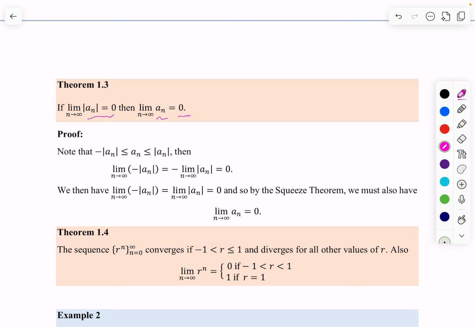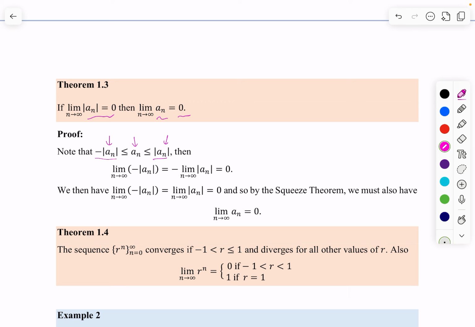Note that we can write negative absolute a_n is less than or equal to a_n, which is less than or equal to absolute a_n. This is negative, this is positive. So this is the upper bound, this is the lower bound, and this is what is in between, that is the general a_n.